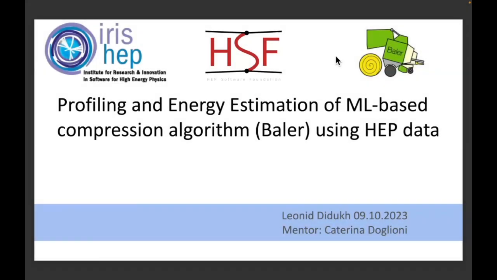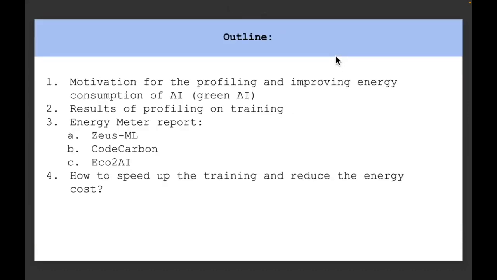My project was about the profiling and energy estimation of the ML-based compression algorithm framework Baler using HEP data, and my mentor is Katerina Doglioni. I will start with the motivation for the profiling and the improvements of energy consumption. Later I'll describe the results of the profiling of training.